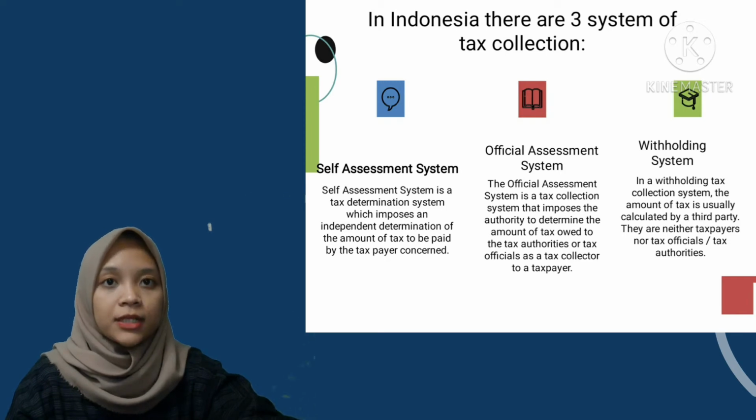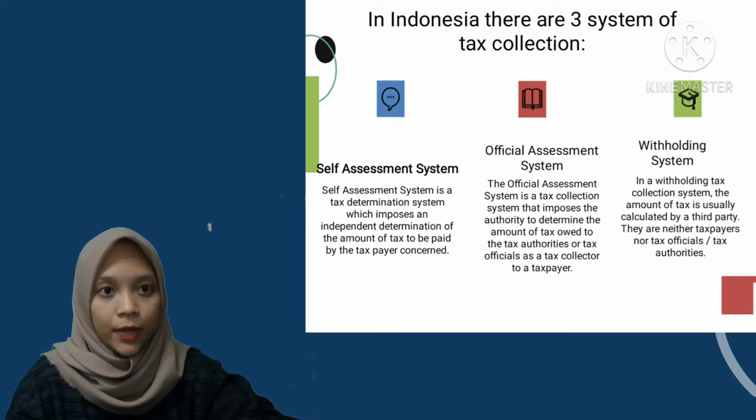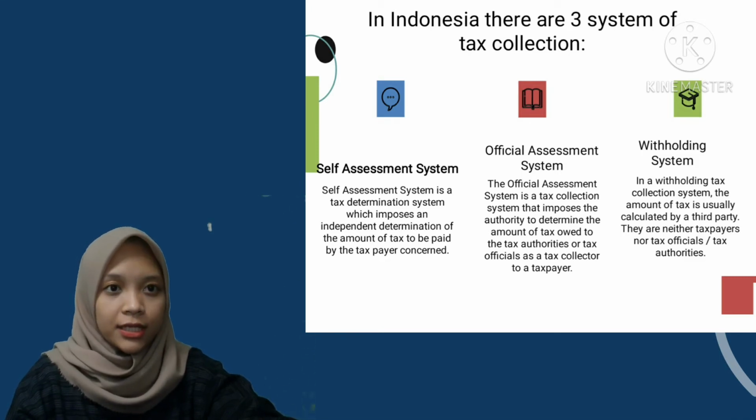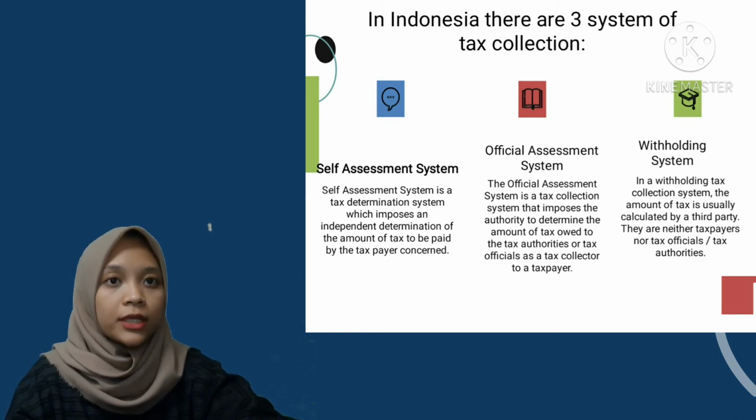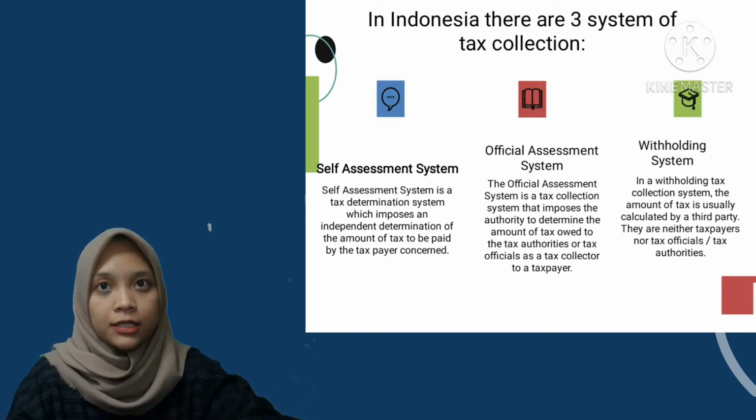The official assessment system is a tax collection system that imposes the authority to determine the amount of tax owed to the tax authorities or tax official as tax collector or taxpayer. And the last one is the withholding system. In the withholding tax collection system, the amount of tax is usually calculated by a third party. They are neither taxpayer nor tax official or tax authorities.